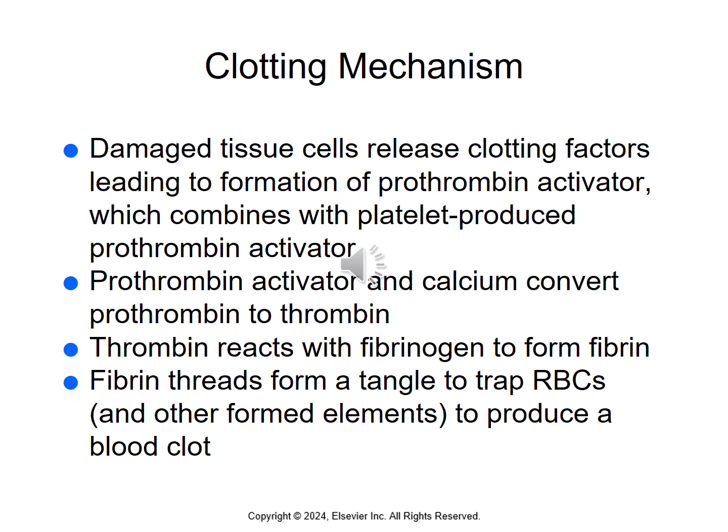Thrombin reacts with fibrinogen and forms fibrin. This is what I just told you guys, so it's important for you to know that. Fibrin threads form a tangle to trap red blood cells and other formed elements to produce a blood clot.